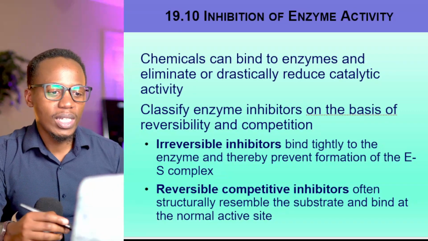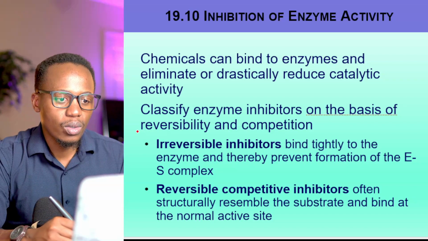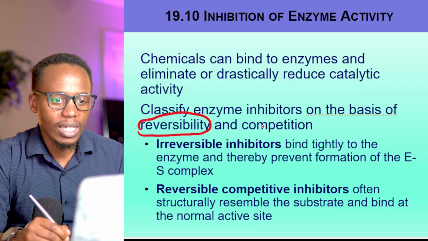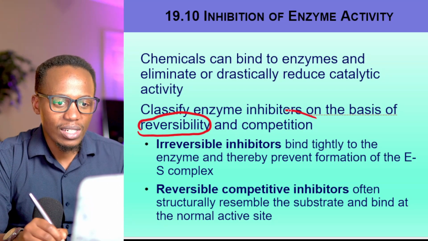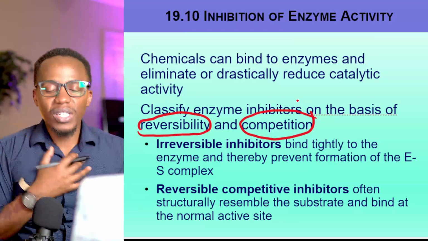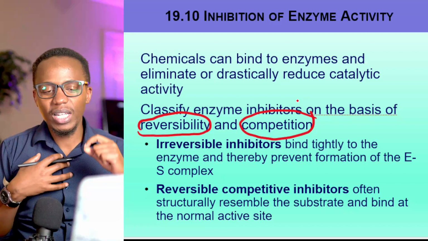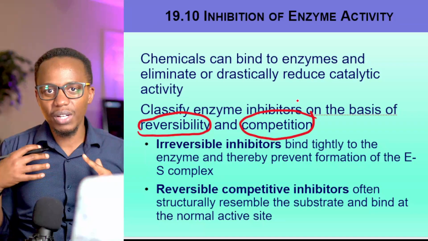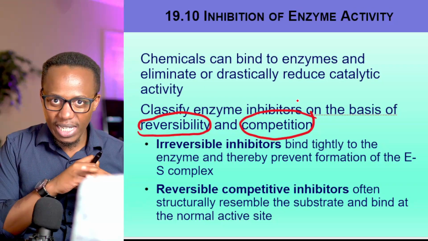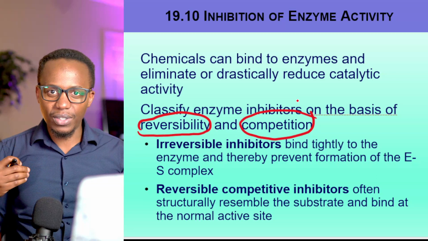So we can classify inhibitors based on reversibility or competition. All right. So reversibility, you have reversible and irreversible inhibitors, right? An inhibitor can be reversible or irreversible. Reversible means that the inhibitor can bind, inhibit the enzyme, but then leave after.